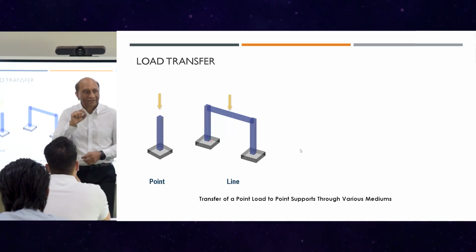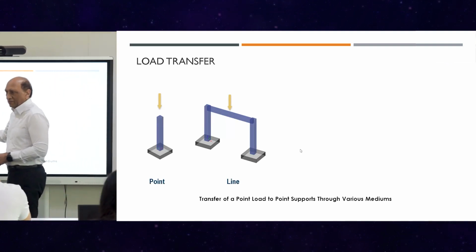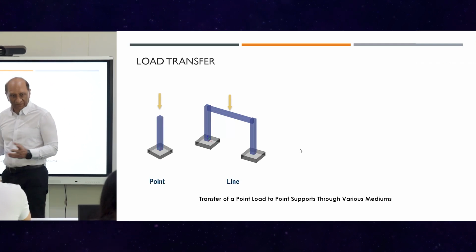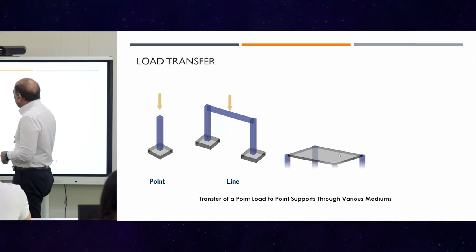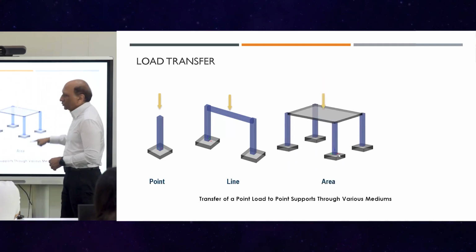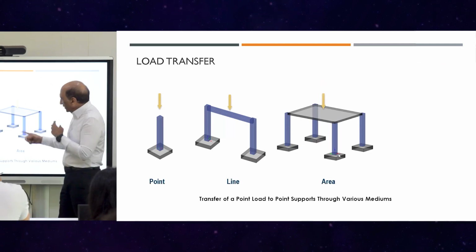So this is something that you can calculate by hand, by the simple A over L concept. So this is A, this is L. So based on that ratio, you can determine, right? It's easy, simple as that. If it is a slab with a point load, and you assume the slab to be rigid and the columns to be flexible, or just assume that way, you can do the same thing.